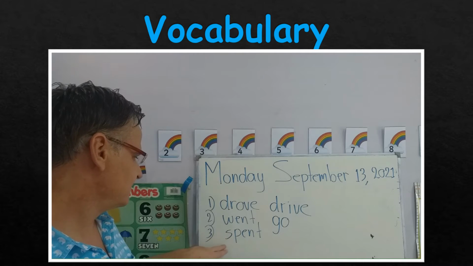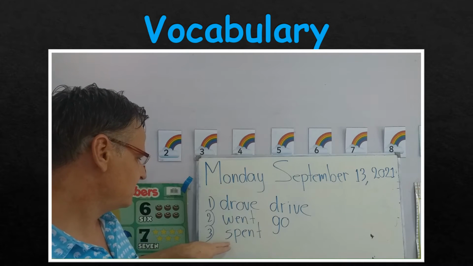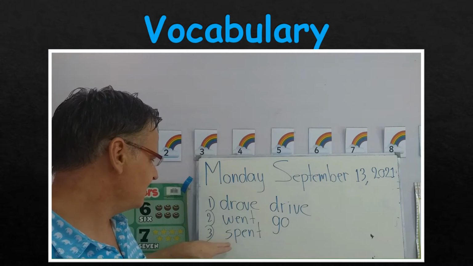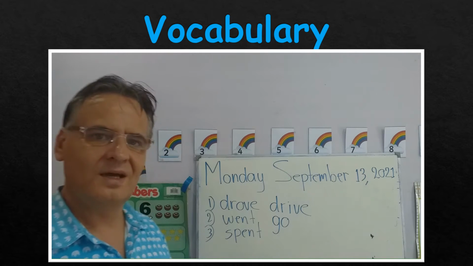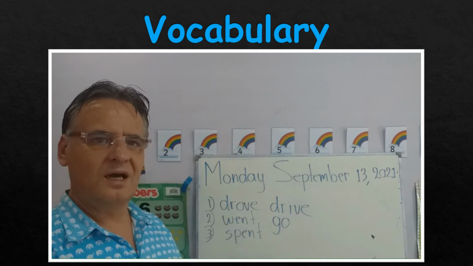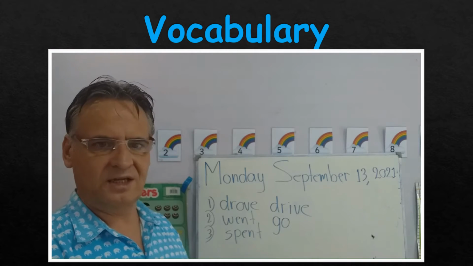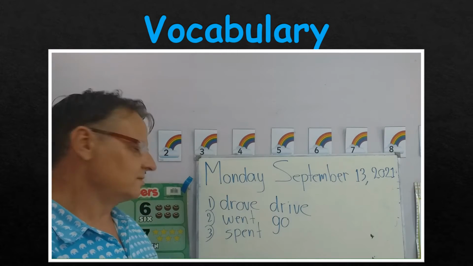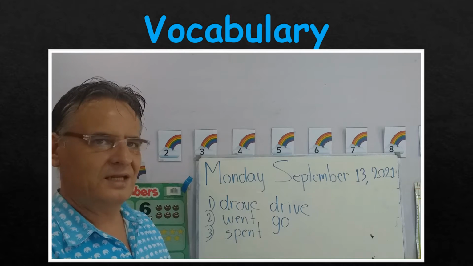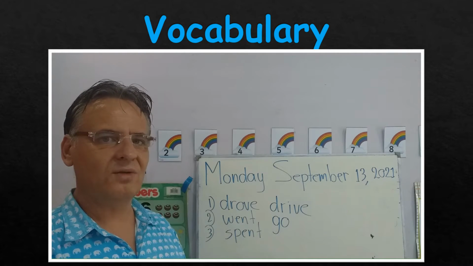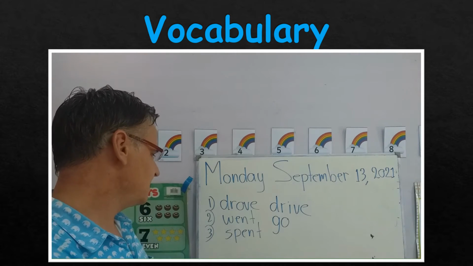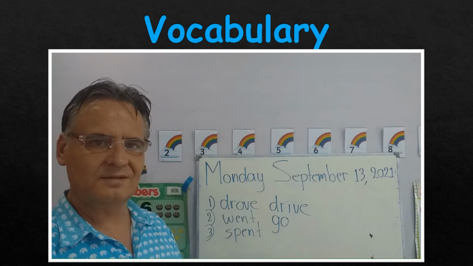Okay, number three. Spent. S-P-E-N-T. Spent. I spent all my money on candy. That's in the past tense. I did it yesterday. I spent all my money yesterday. But what if you do it today?